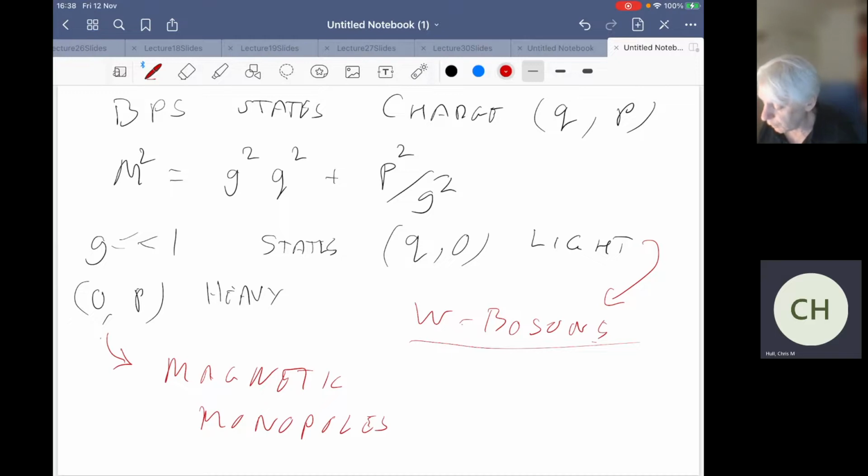So when g is much less than 1, the states carrying charges Q and 0 are the light states which are part of the fundamental degrees of freedom, and these are heavy states which are realized in this theory as solutions of the classical field equations, which in this case are the magnetic monopoles.